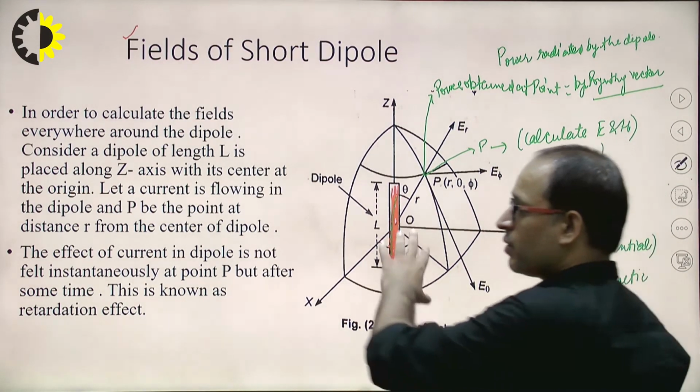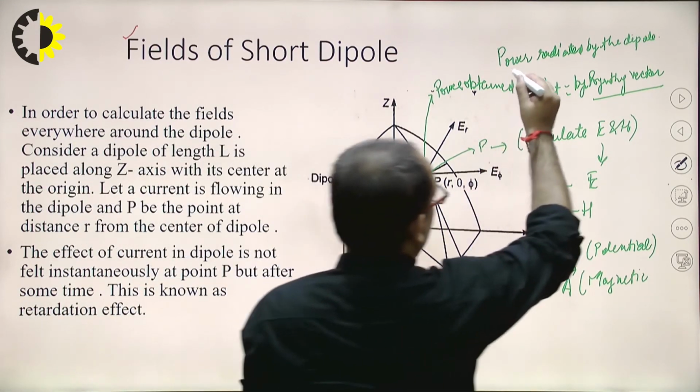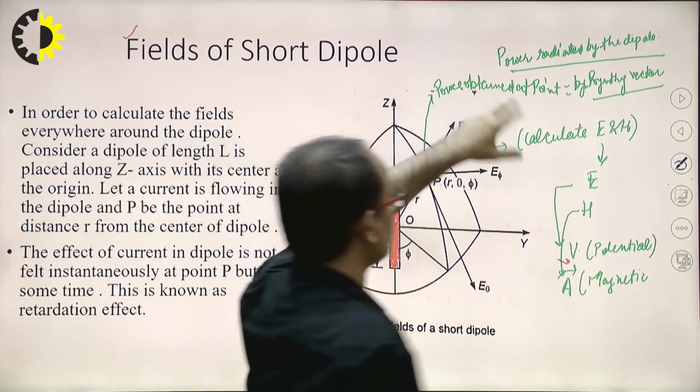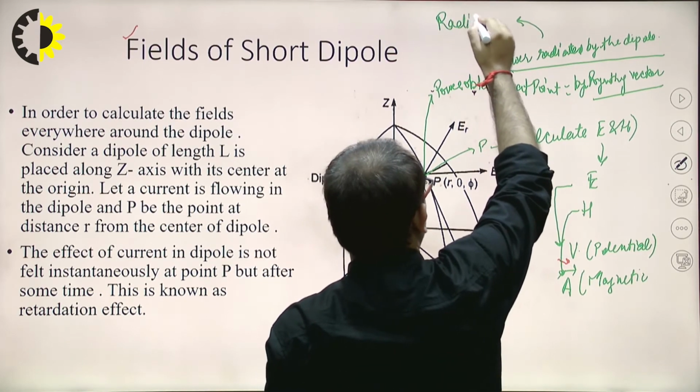Then, by integrating this, I can calculate the power radiated by this dipole, and from this power radiated by the dipole I can calculate the radiation resistance.